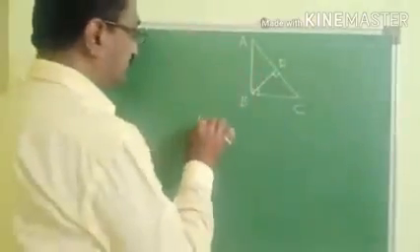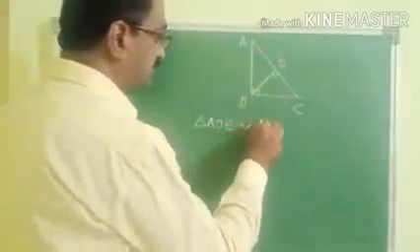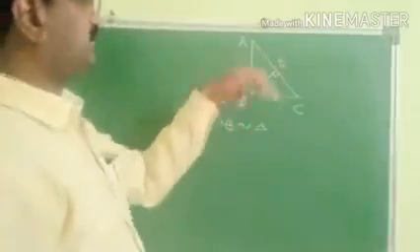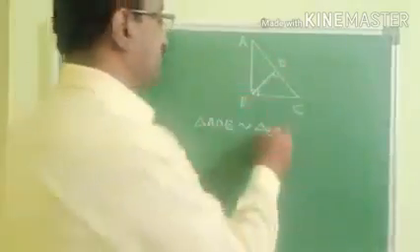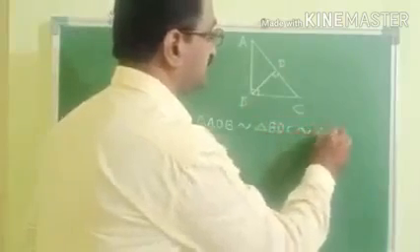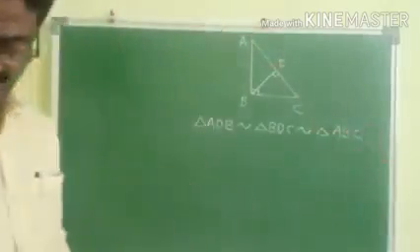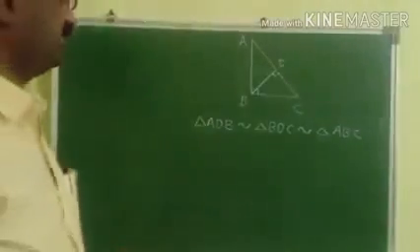That means triangle ADB is similar to triangle BDC, and both are similar to the larger triangle ABC. So this is the similarity in right angle triangles.